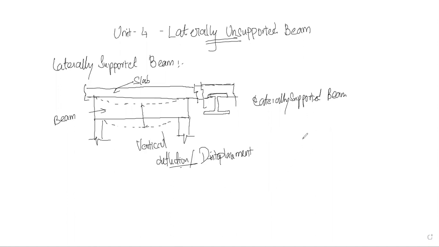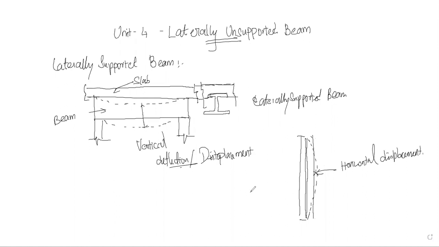If I see the beam in plan view, top view, this is our web portion. The web won't buckle in the horizontal direction. It won't occur. This is called horizontal displacement. So the horizontal displacement won't occur, only vertical displacement we can have in the laterally supported beam.